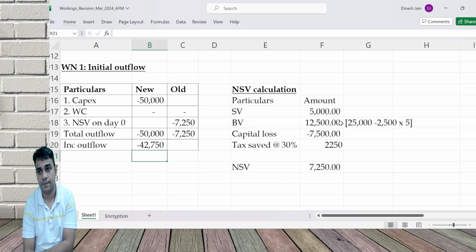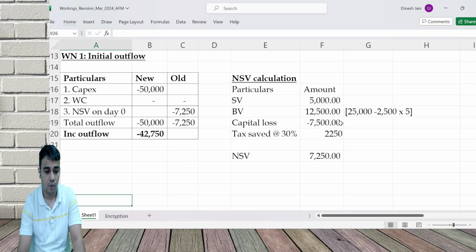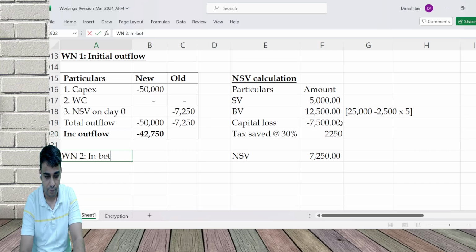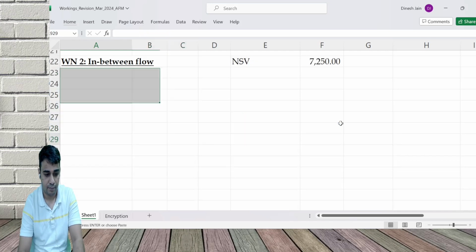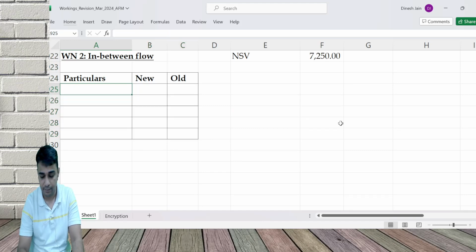Any doubts on this? Working note 2, in between flow. Particulars new, old, incremental.